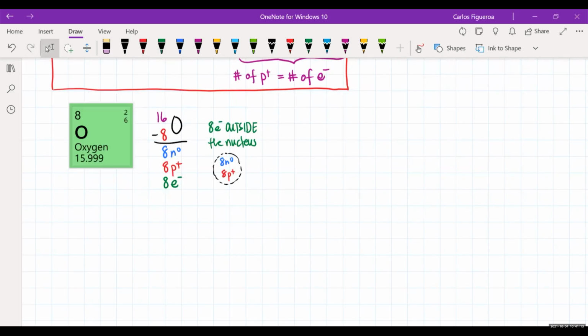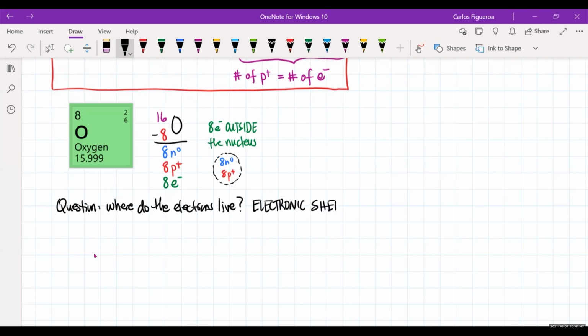And what we say here is, I'm going to ask a question. Where do the electrons live? And this is what we call electronic shells outside the nucleus.